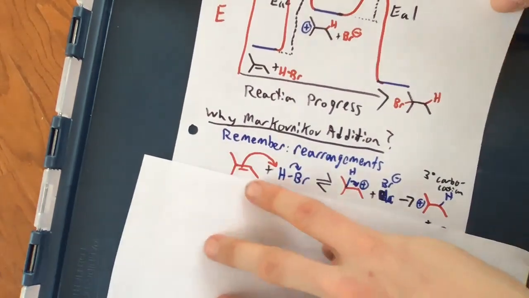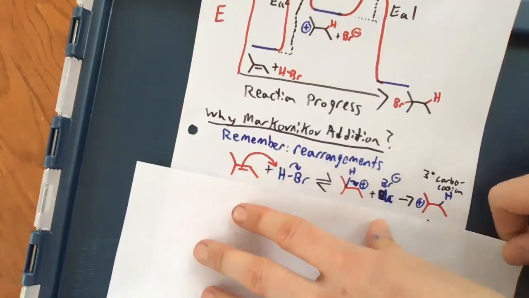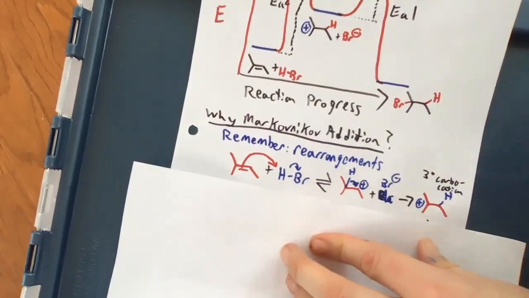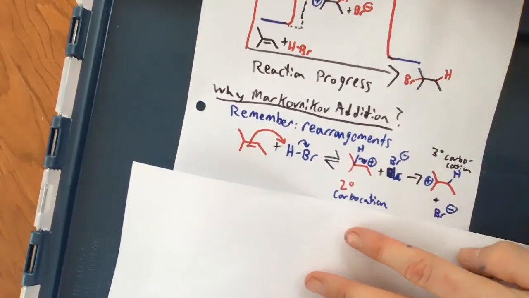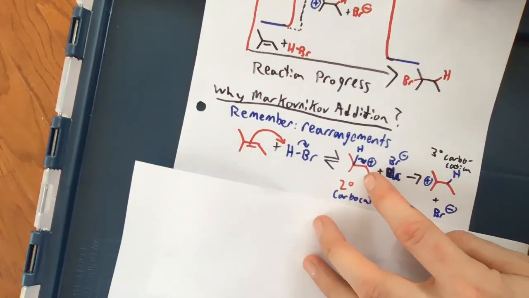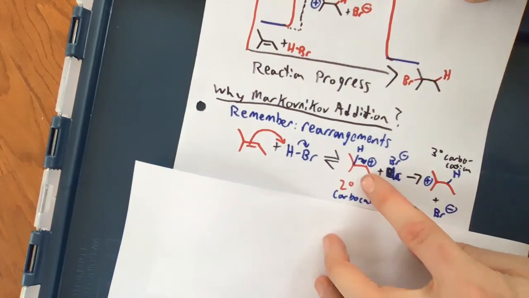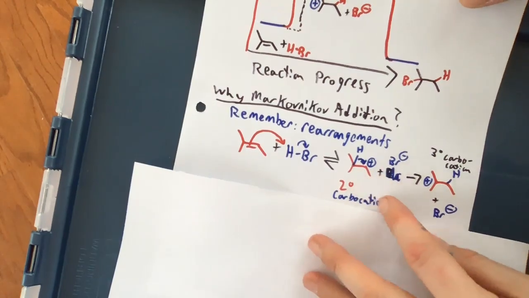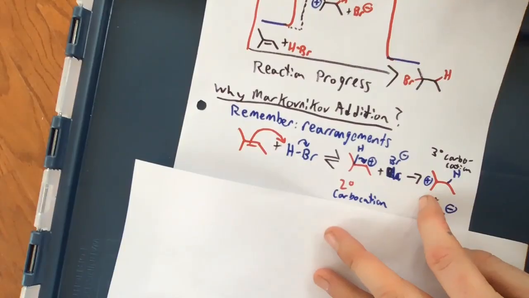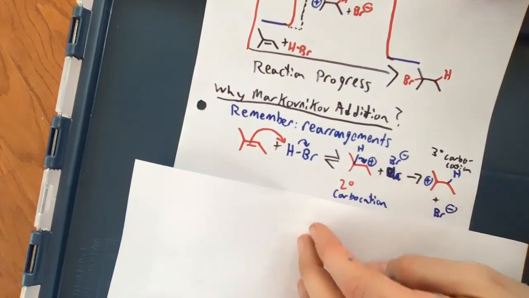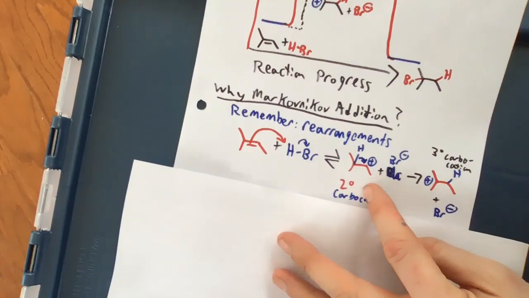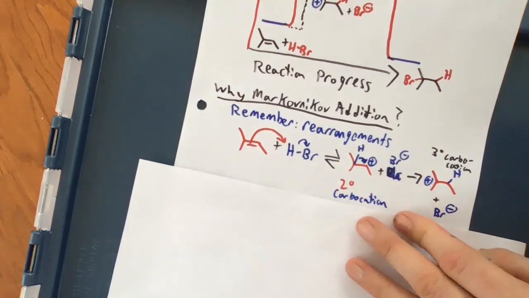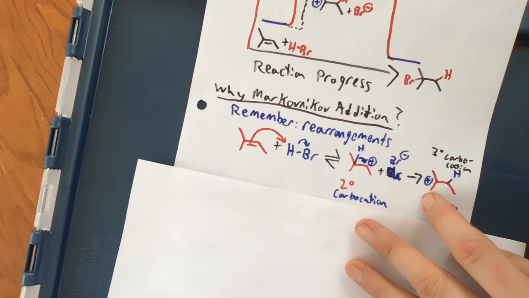So if you remember from the rearrangement section of chapter 6, one of the fundamental reactions of organic chemistry, anytime you have a secondary carbocation, it's going to want to rearrange using a hydride or a methyl shift to the tertiary carbocation. And that's what happens here, is even if you formed a secondary carbocation, the rearrangement happens so fast that you could essentially just say you always get the tertiary carbocation.